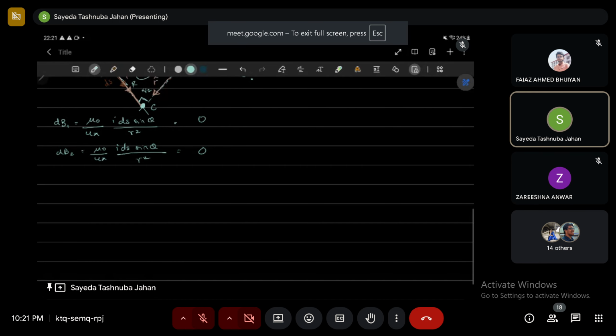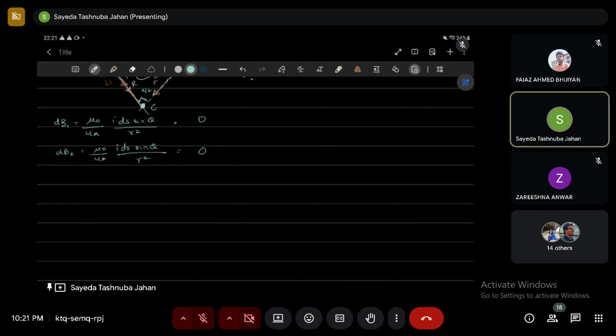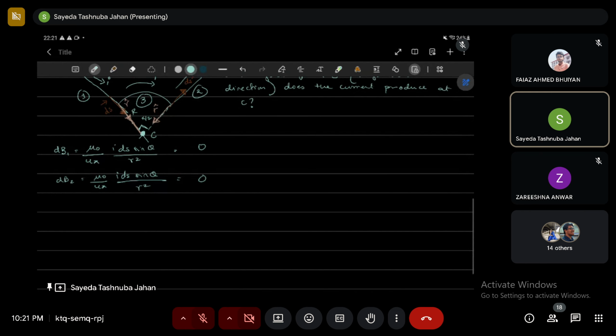So the only contribution at C from this arrangement is going to be from the circular arc part, which is the portion 3. Okay, so now let me write that down. These are all for the straight sections.